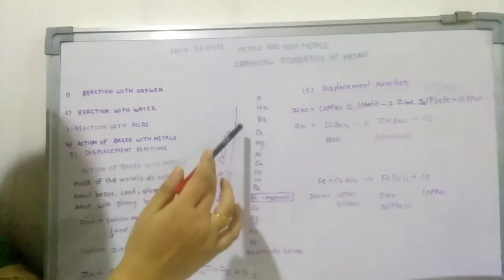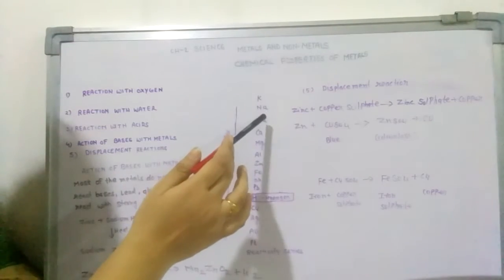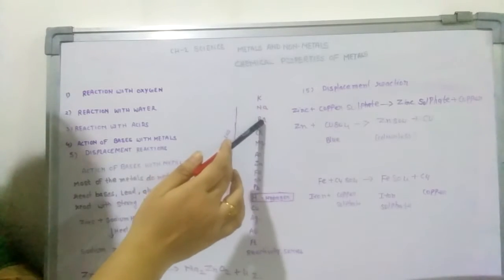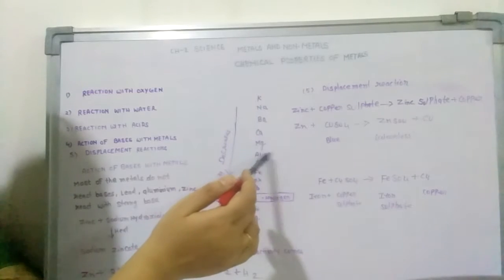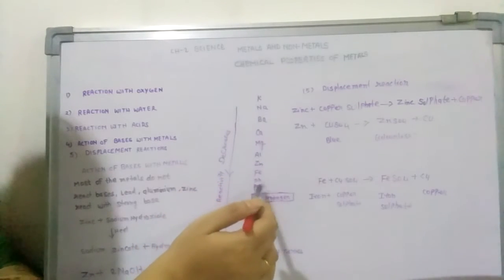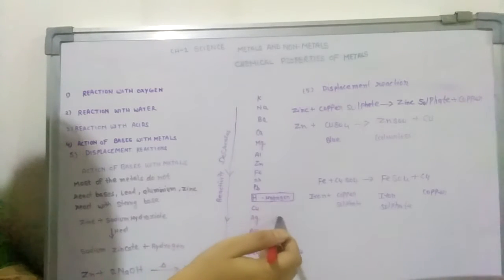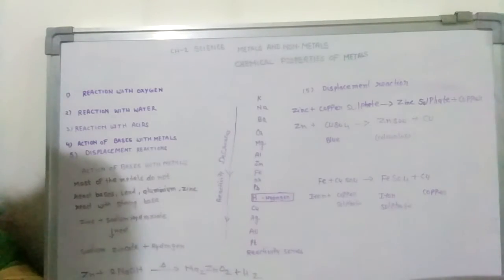So the reactivity of the metal decreases in this manner. Potassium is highly reactive, then sodium, Ba barium, Ca calcium, Mg magnesium, Al aluminium, Zn zinc, Fe iron, Sn tin, Pb lead, H hydrogen, Cu copper, Ag silver, Au gold, Pt platinum. So you learn this reactivity series.